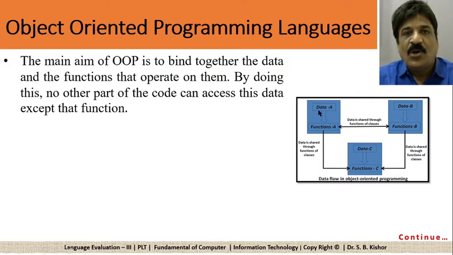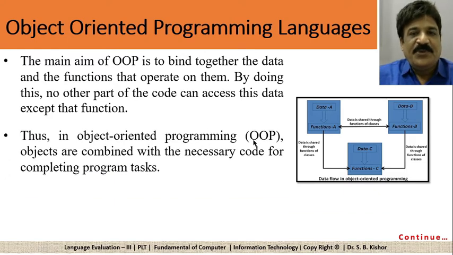It means all these members can be accessed only by this member function and not by other member functions, depending upon the kind of access specifier that you have specified. By doing this, no other part of the code can access the data except that function. Except this function, no other member function is able to access this data.